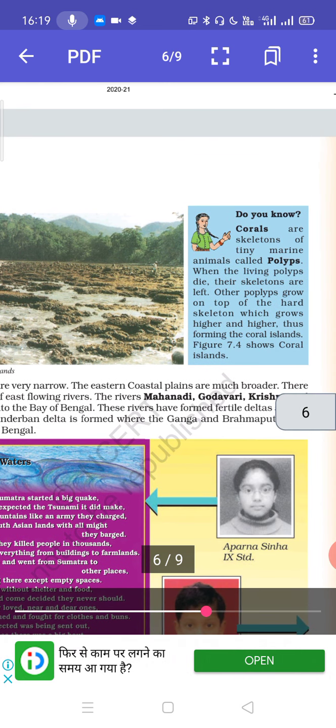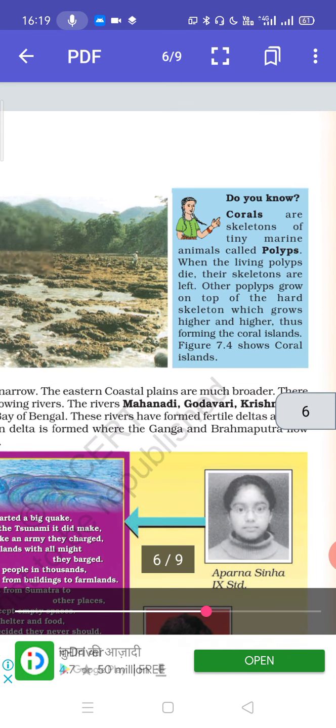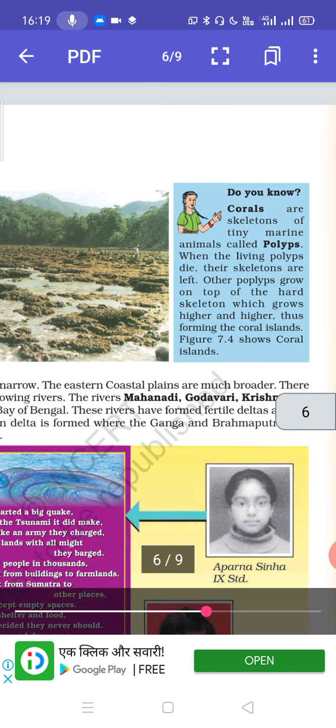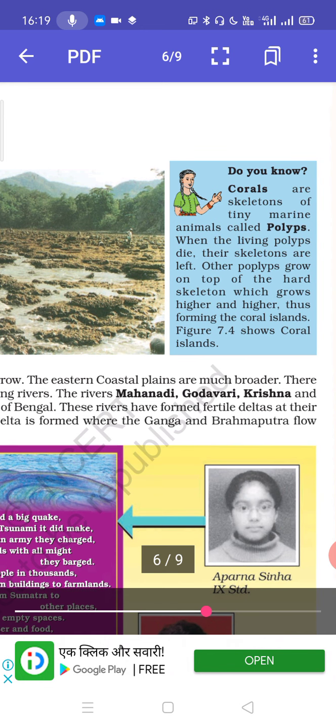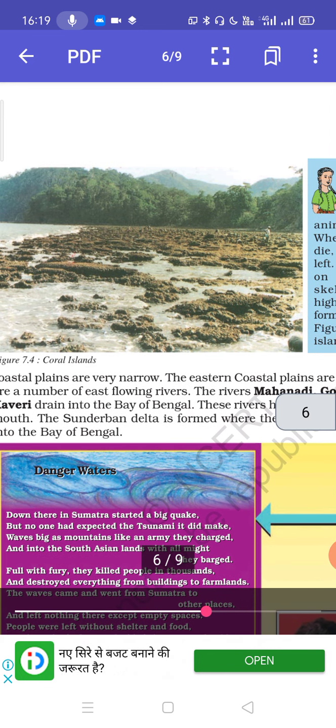Do you know corals are skeletons of tiny marine animals called polyps? When the living polyps die, these skeletons are left. Other polyps grow on top of these hard skeletons, which grow higher and higher, thus forming the coral island. You can see figure 7.4 shows a coral island.